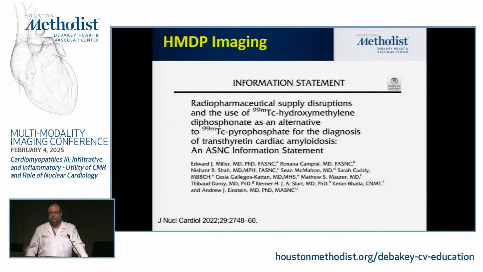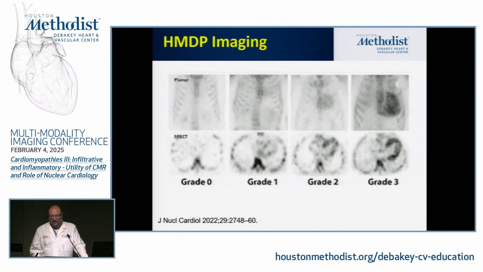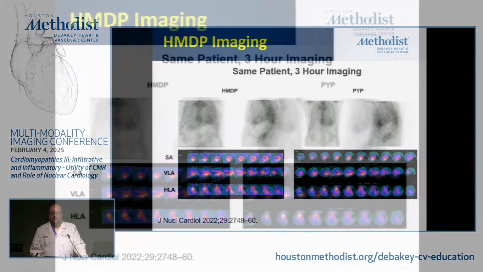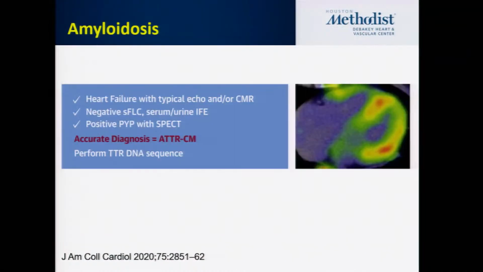Compared to PYP, initially it was thought that you should image HMDP at 3 hours, but now we're learning that you should image it earlier, and we moved to 2 hours, and maybe we'll move even earlier. But you get very similar uptake, and potentially similar diagnostic accuracy. At least the yield of studies that has been reported has been similar across different labs.